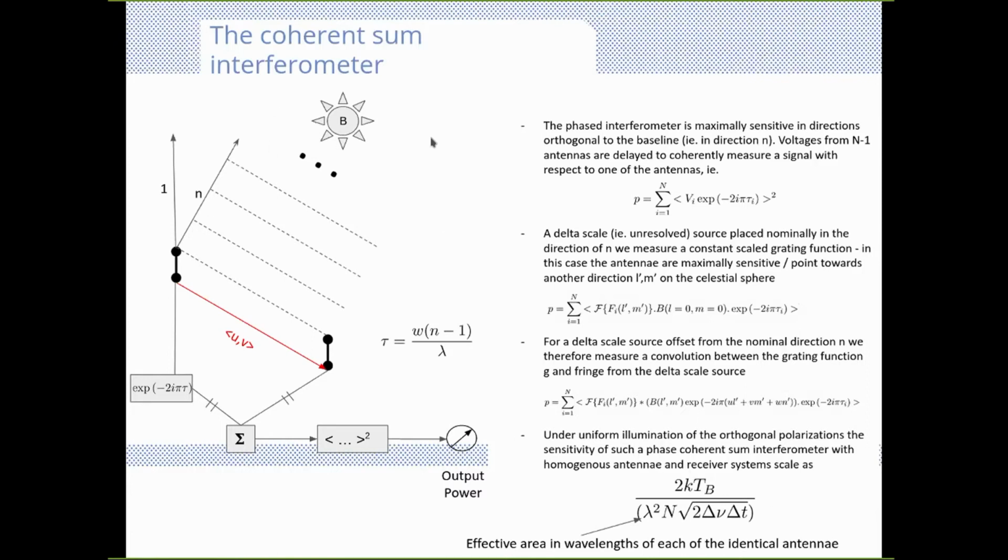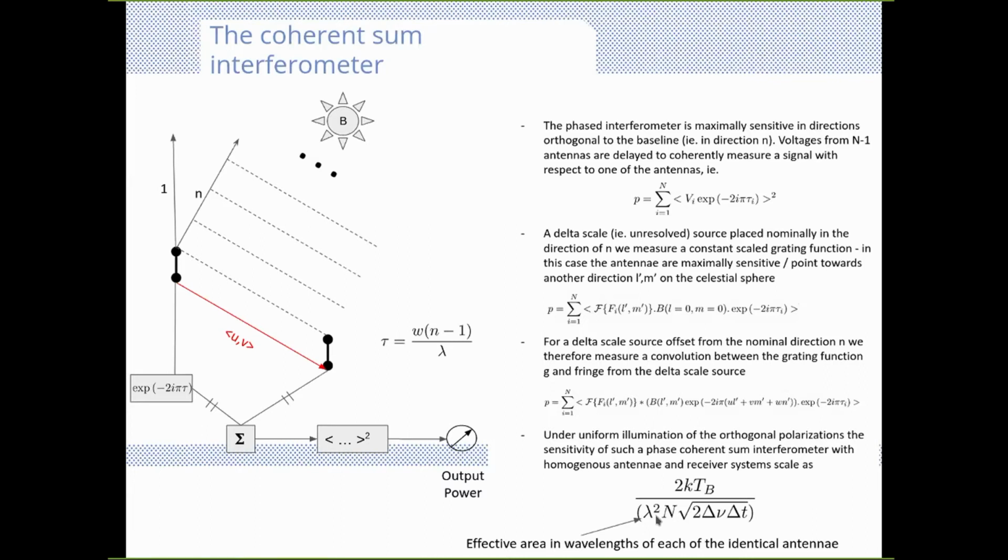Under uniform illumination of the two orthogonal polarizations, normally we have two orthogonal polarizations fully describing the measured polarized signal, such a sensitivity from such a construction is going to scale as the collecting area times the number of antennas if we have a homogeneous array of antennas.